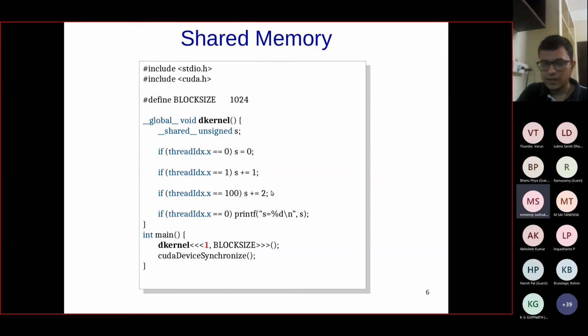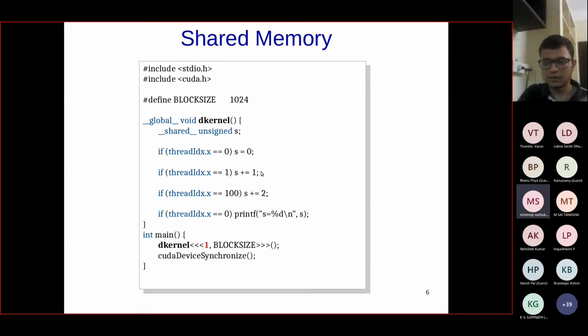So assuming that only one is successful, and assuming that the second one is successful, the value of s present in this variable after execution of these two statements will be 2. I hope you are getting it: s was initialized to 0, then these two were happening concurrently, and since they were happening at the same time, either of the two will be successful.